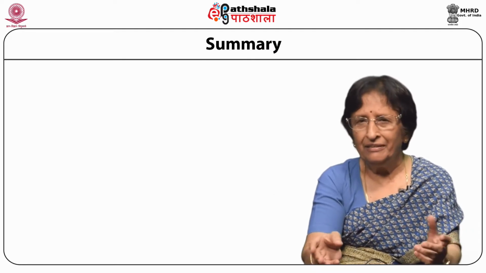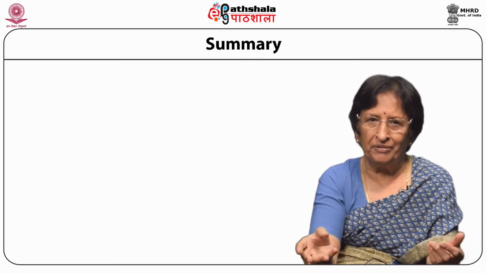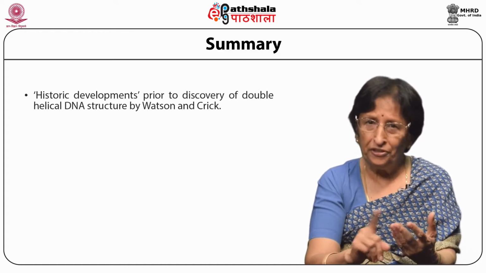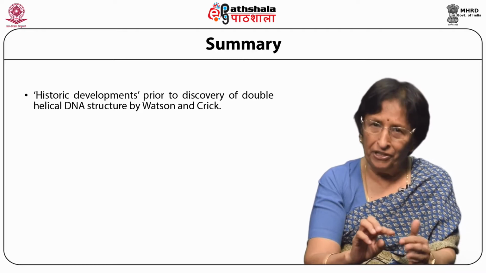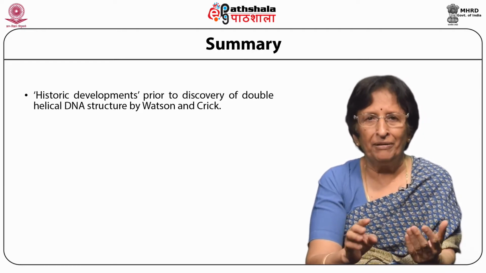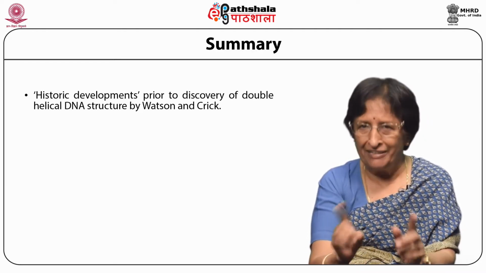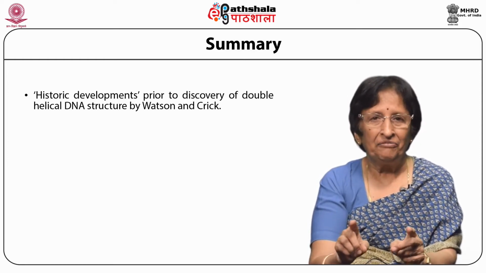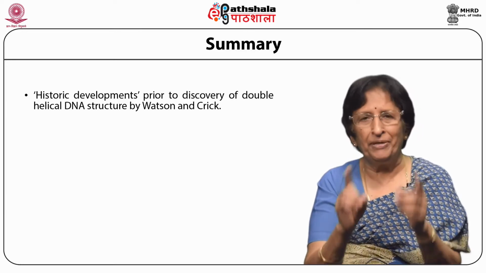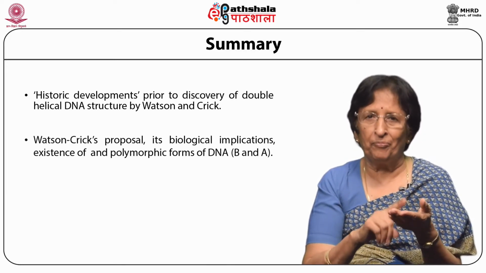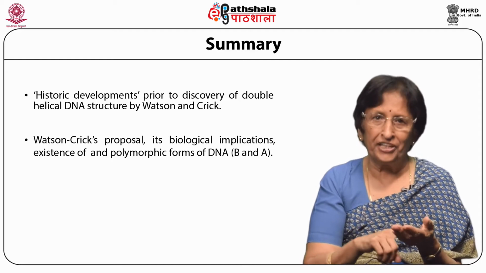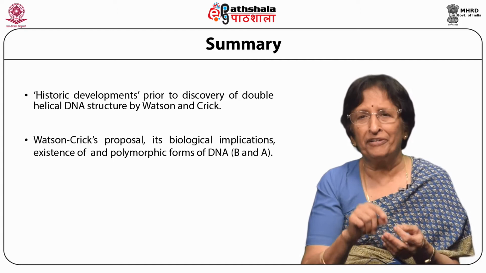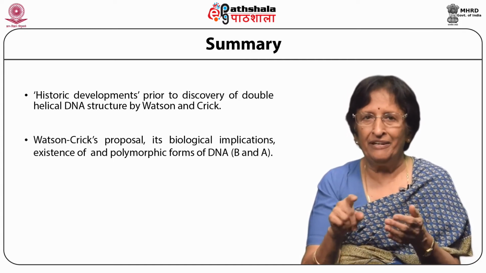So students, what did we learn in today's module? First, we saw historic developments prior to the discovery of the double helical structure by Watson and Crick. Then we tried to understand the basic Watson-Crick proposal, its biological implications, and the existence of polymorphic forms of DNA, B and A form.